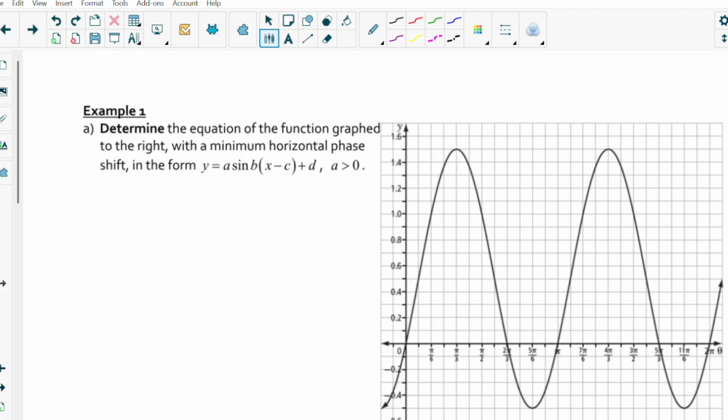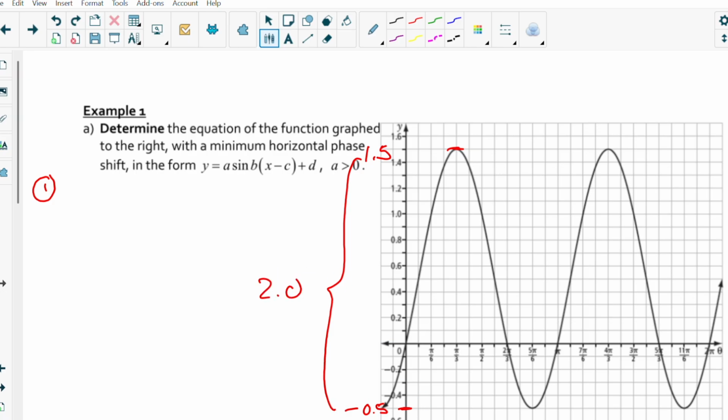Let's start. Number 1. Remember I said you can do the amplitude or the D value first. I think you can look at the D value and say 0.5. The max value is positive 1.5, and the absolute difference between this and the minimum is 2.0.